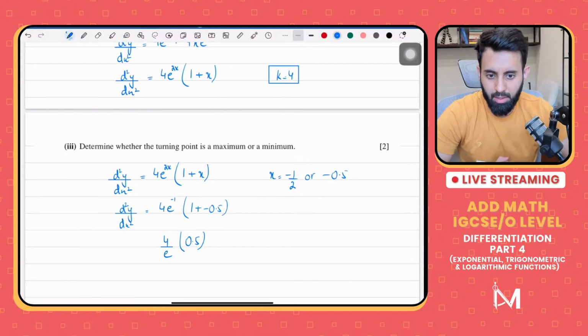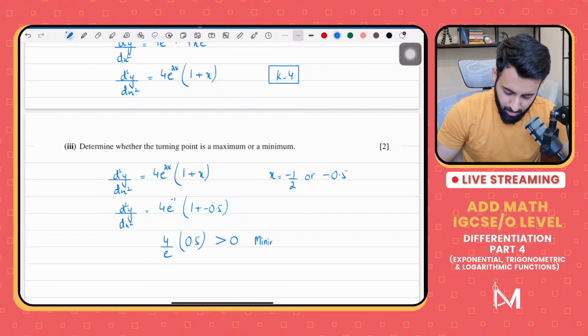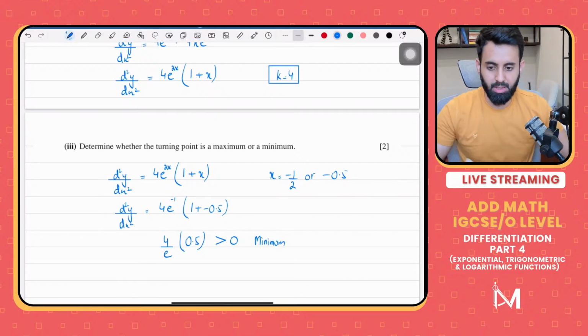If you think about 0.5, that's positive. Now if you think about 4 upon e, the end result is going to be greater than 0. Therefore, it's a minimum.